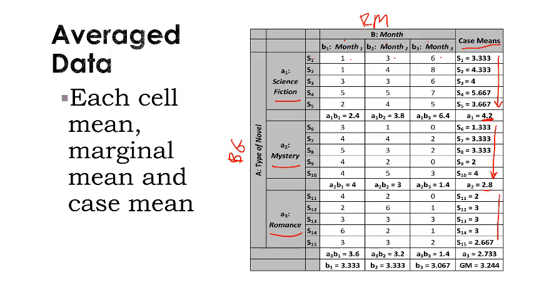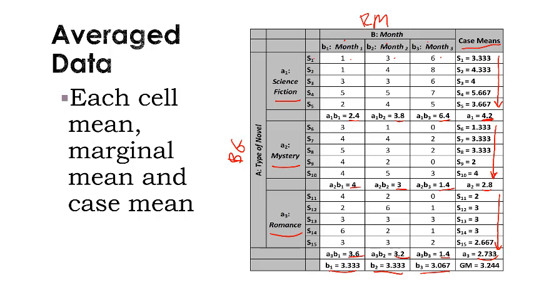We can average these subjects down to have a mean of 2.733. I can also get a mean for all of month 1, all of month 2, all of month 3. And I also have the individual cells, which are the cell means, looking at the different books at the different months.